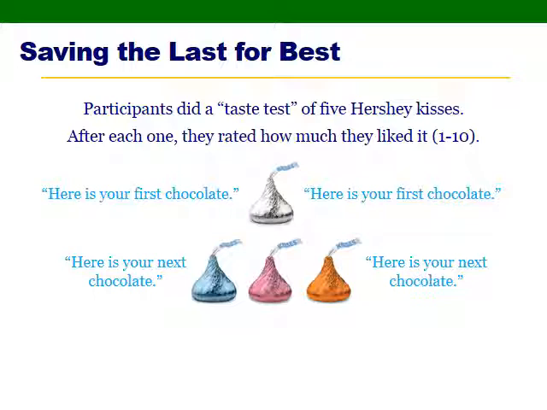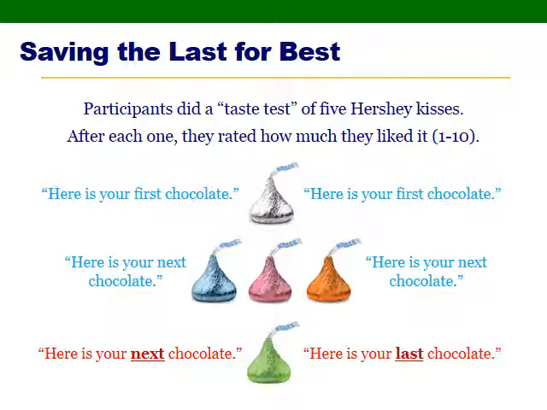Now for the 5th chocolate, here's where the 2 groups were different. One group was given the 5th chocolate, and they were told, here's your next chocolate. Meaning they didn't know that the 5th one would be their last one. The other group was given the 5th chocolate and told, here is your last chocolate.